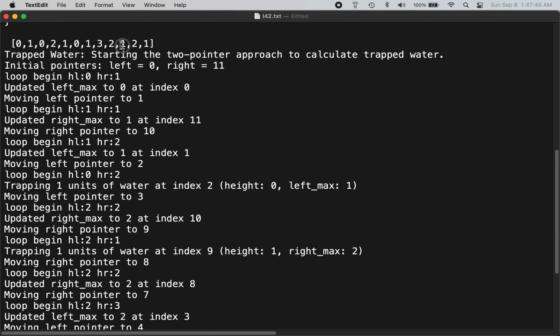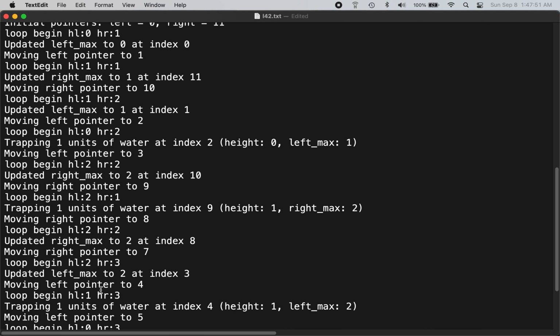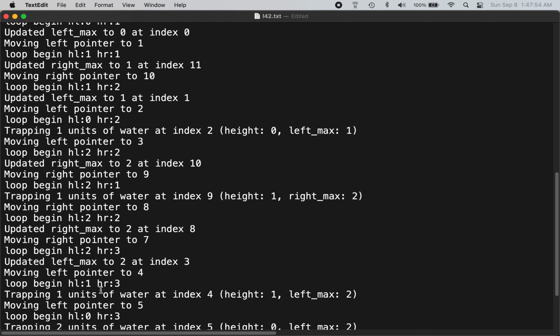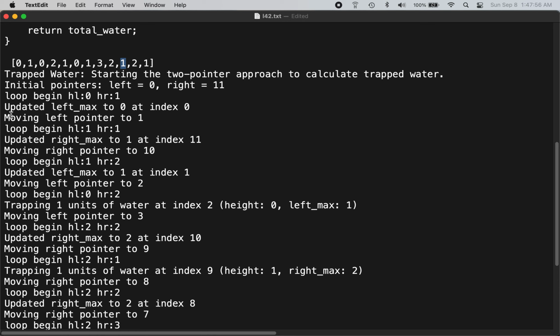This is where you trap another unit of water, so it becomes 2 and then 1, 0 and 1. This is where you trap 1 unit of water, max height is 2, and then here you trap 2 units of water, and then here you add 1 unit of water.